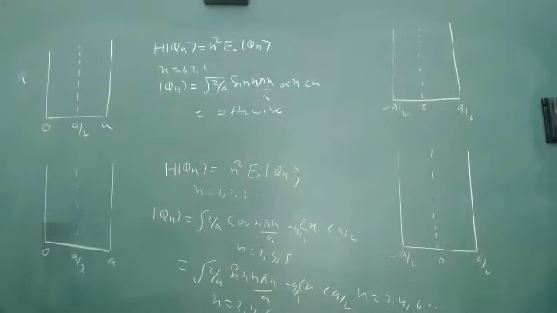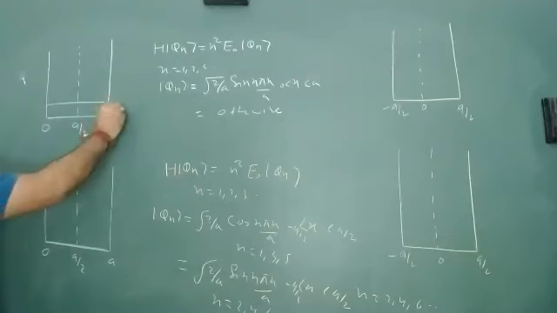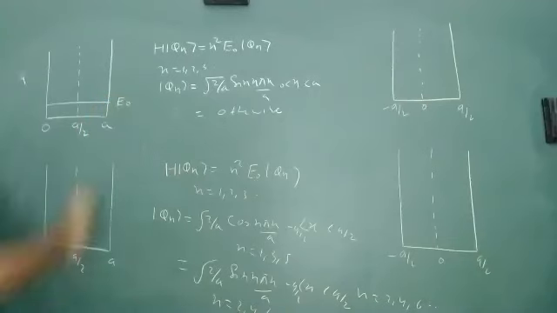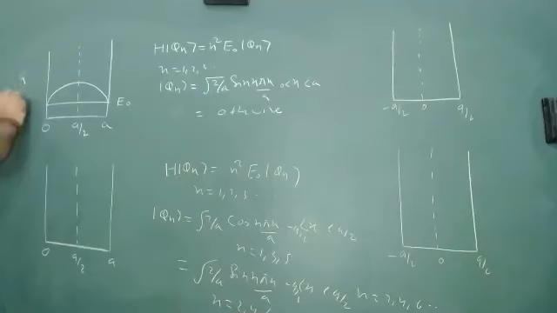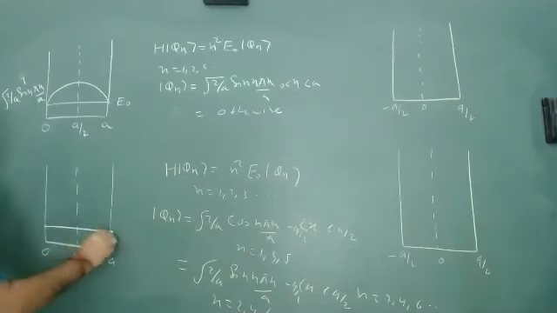Let's see what it reveals. So what will be the ground state energy? The ground state energy is E naught. And what will be the phi 1? The phi 1 will be something like this, and that will be written as root 2 by a sine pi x by a. And what should be the probability density?